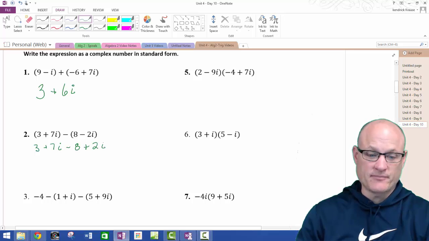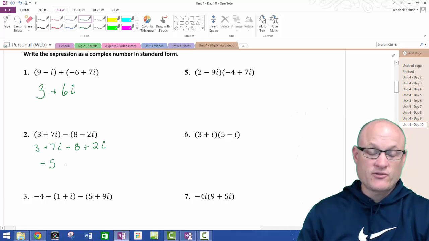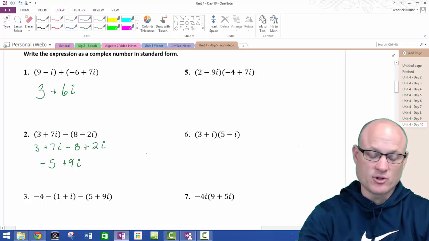We distribute the negative. And now we just have to simplify. 3 and -8 make -5. 7i plus 2i makes 9i. You don't change the exponents like adding 7x and 2x. It's just 9x. It's 7i and 2i. It's just 9i.